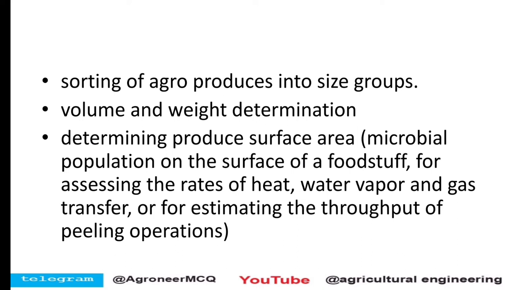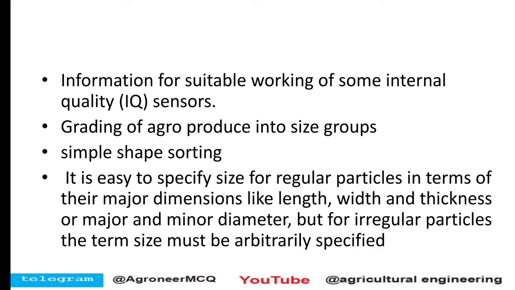For that purpose we have to find out the size. If we are going to introduce some internal quality sensors for suitable working, then also we should know size. If we have to do grading according to size, shape and weight, then size is necessary.